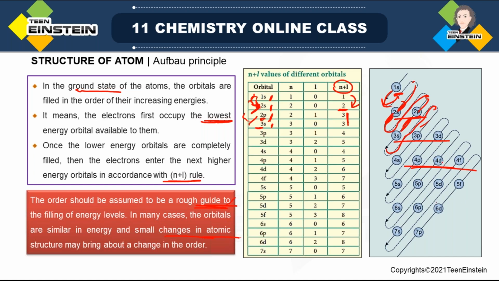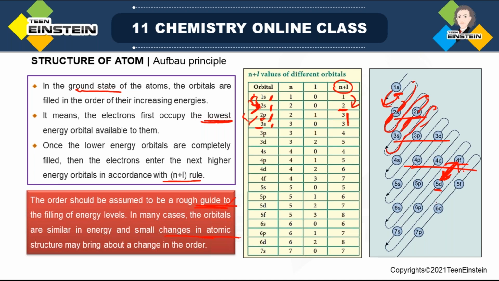Why is it so? Suppose we have 4f and 5d, side by side. According to this rule, 4f should be filled first. But sometimes the energy difference between these two depends on which element you have chosen.